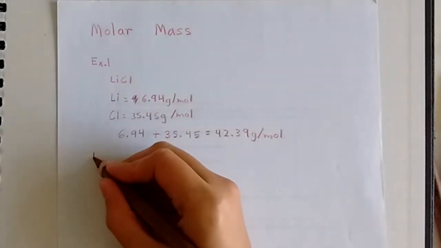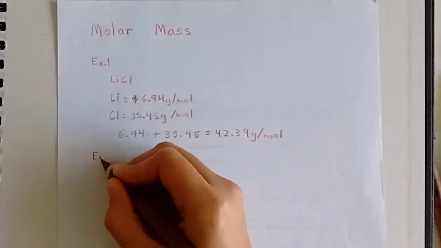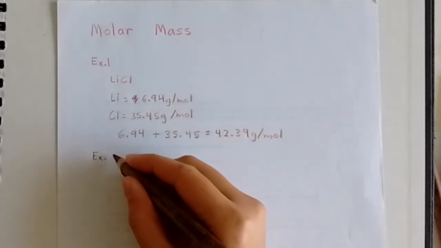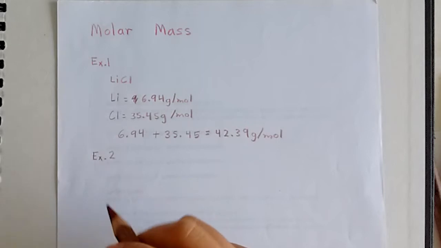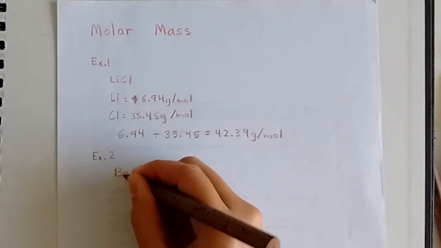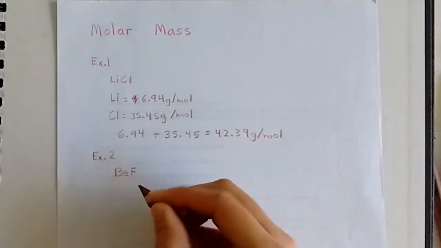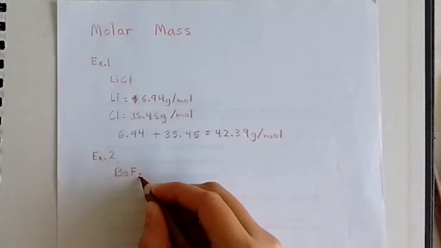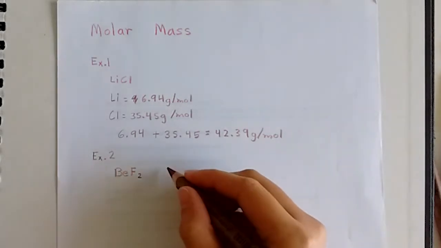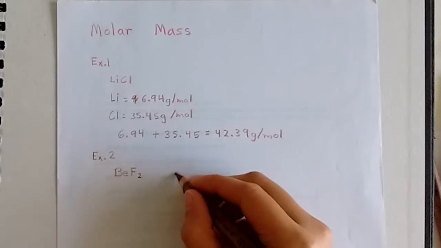So example 2. Let's take beryllium fluoride. We want to find the molar mass.